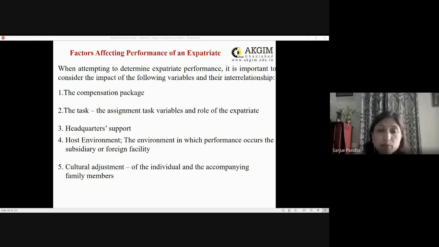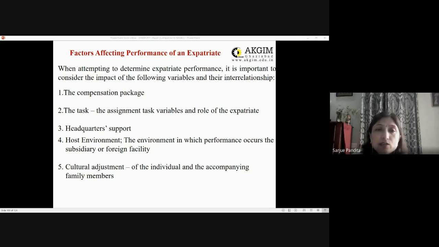Because if an employee feels he is not getting the expected reward or the expected hike in salary when he is being sent for an international assignment, he might not feel motivated in accepting it. If these expectations are not realized during the assignment, the level of motivation and commitment is likely to decrease. So obviously it will affect your performance.